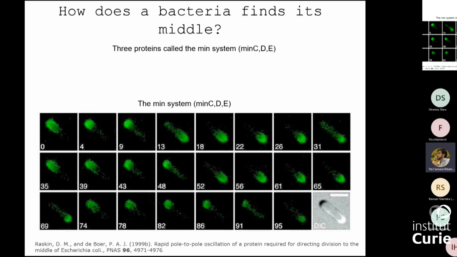And this is time. So as time flies, you see that this particular protein complex with the Min protein and the fluorescent reporter changes location from one pole to the other one. And this basically creates a wave that goes back and forth, bouncing against each pole, right?